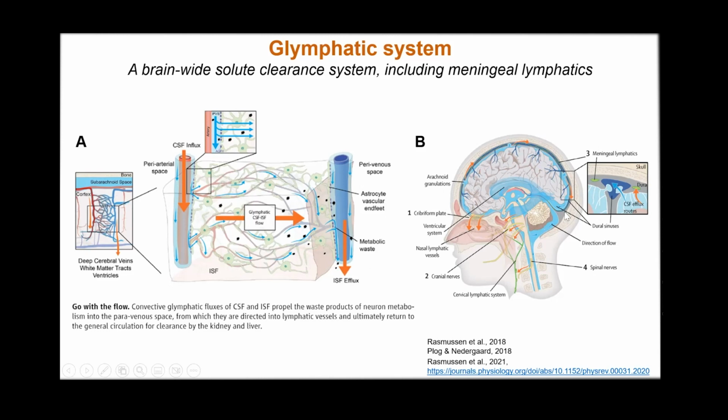In panel B, you can see a schematic which shows the efflux of the CSF, for instance, along these perineural sheaths of the olfactory axons, the cranial nerves at the skull base, and also along the spinal nerves. And ultimately, they drain into the cervical lymphatic system and then to the bloodstream.